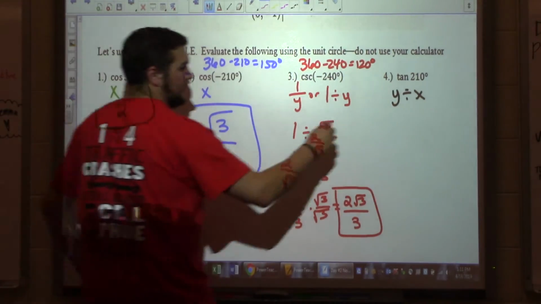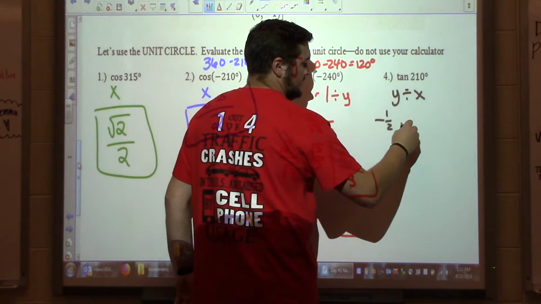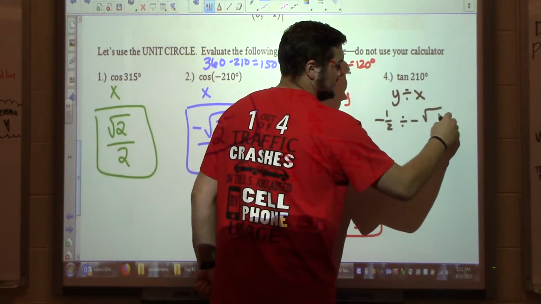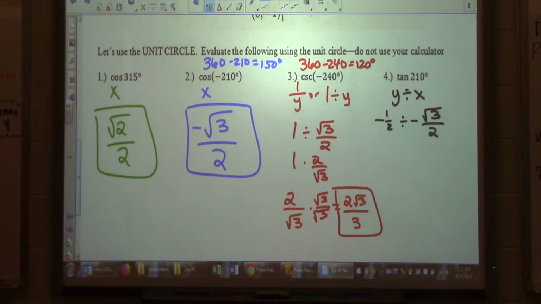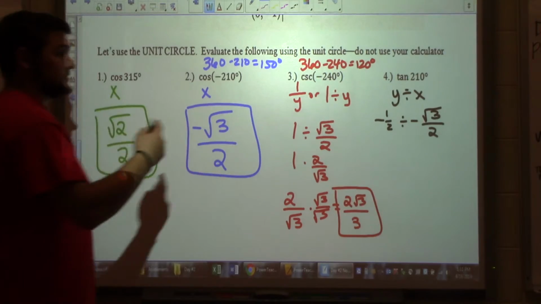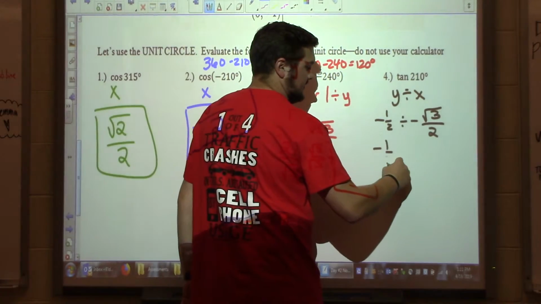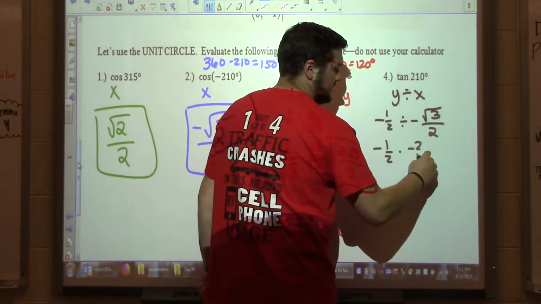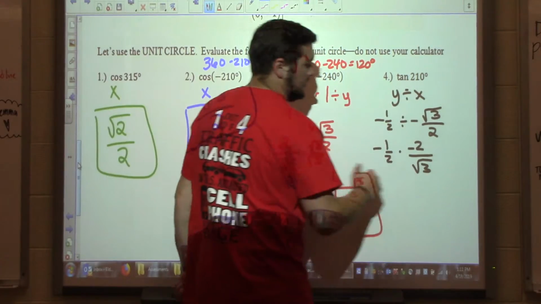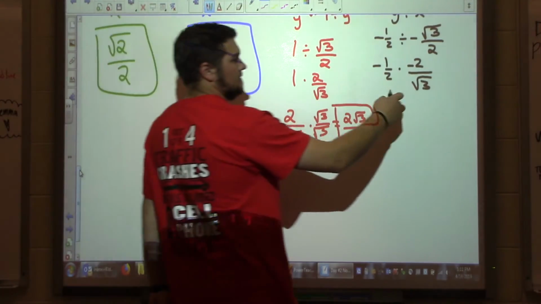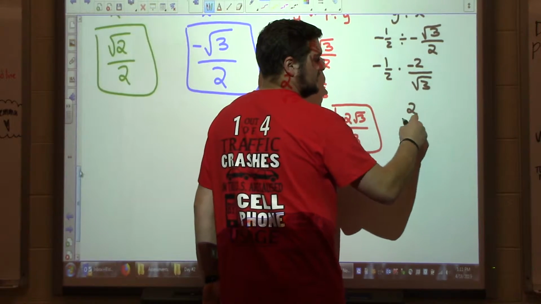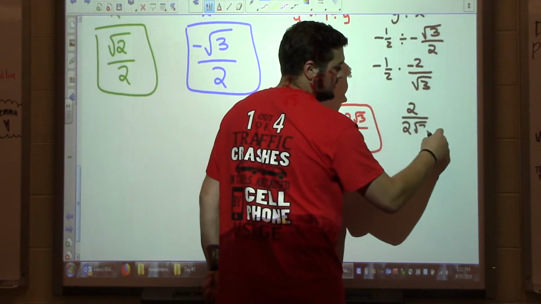So negative 1/2 divided by negative square root of 3 over 2. Once again, we don't divide by fractions, we multiply by the reciprocal. So keep change flip, negative 1/2 times negative 2 over square root of 3. If I multiply that out, I get 2 over 2 square roots of 3.